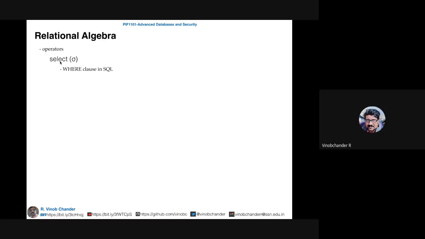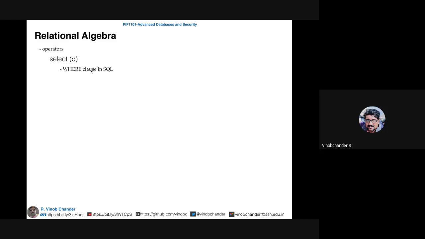Many people have a confusion, or sometimes think that select here is similar to the select operation in SQL. That is not the case. Keep your SQL separate and relational algebra separate, although relational algebra is the fundamental basis for SQL. What you need to remember is that your select corresponds to the where clause in SQL.